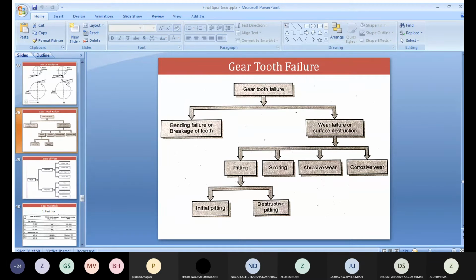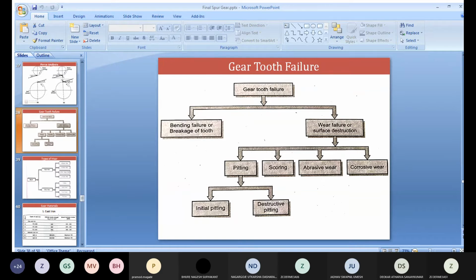So these types of failures will occur in gear teeth failure. Of course, if the gear teeth are going for wear failure, after some cycles they will definitely break. But if it is in bending failure criteria, we can avoid them from breaking, correct. So we can take a preventive action to avoid the failure.